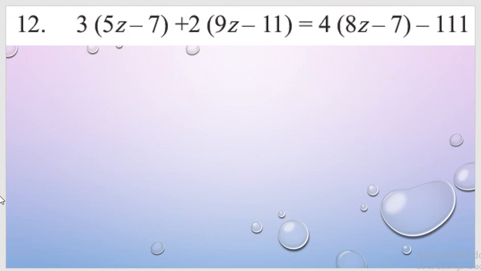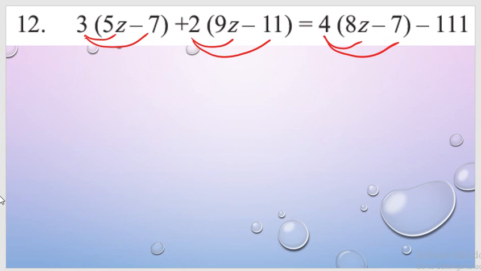So here, 3 into 5z, 3 into minus 7, 2 into 9z, 2 into minus 11, 4 into 8z, 4 into minus 7. So first of all we need to open those brackets.